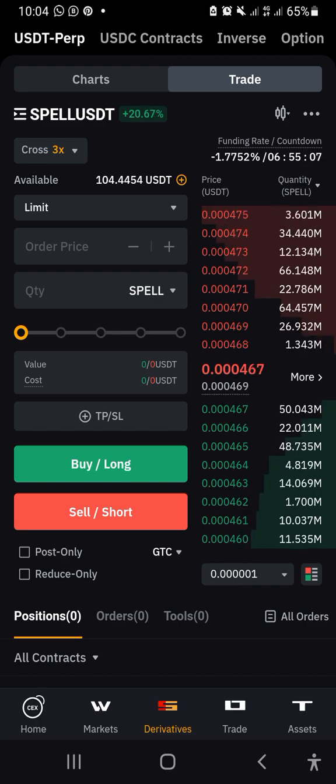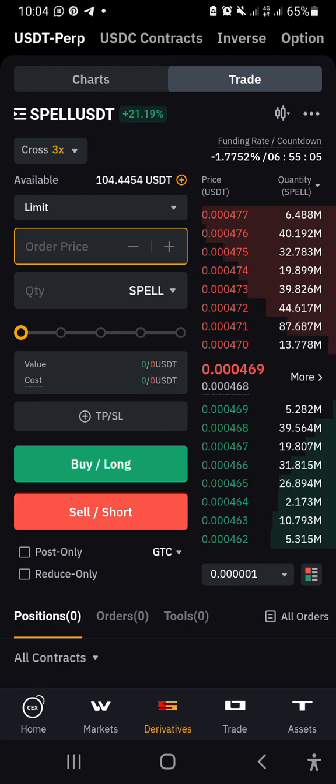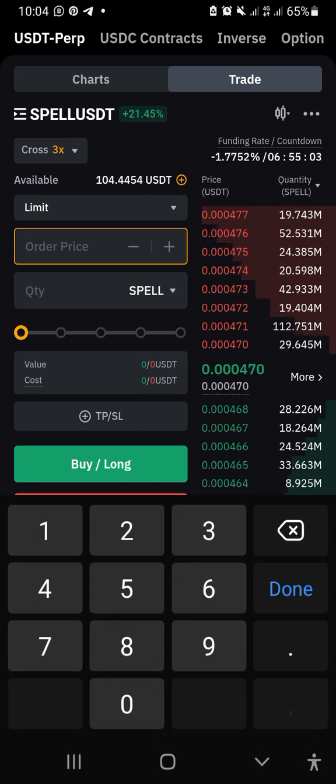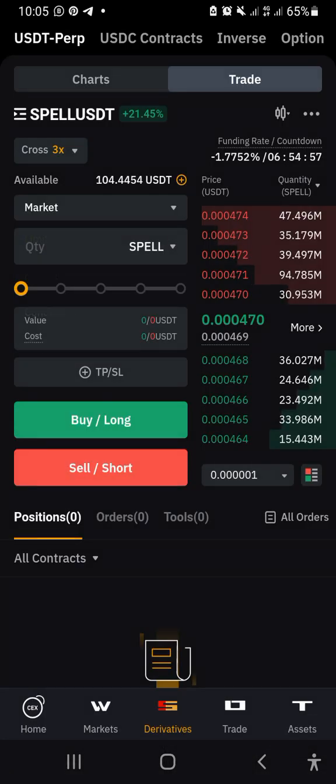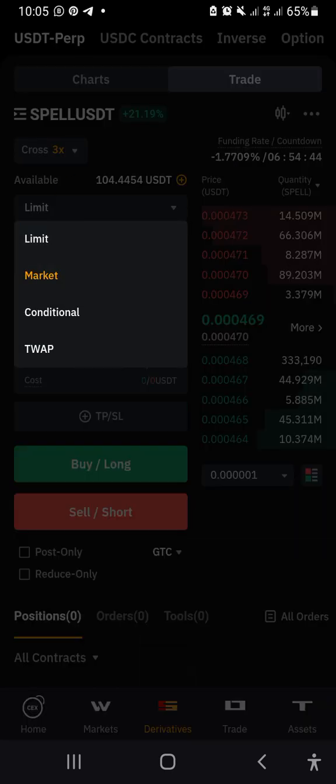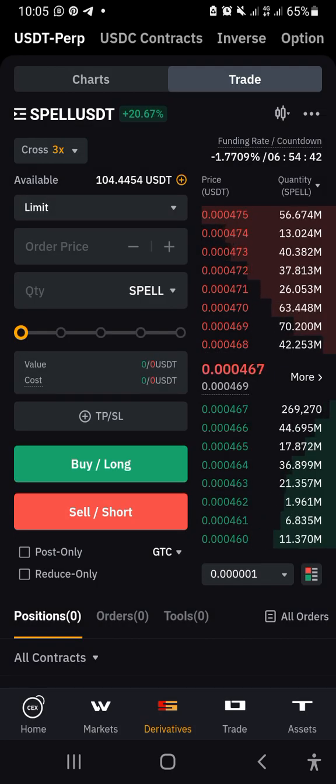So let me click on that. Now here it's asking me to type in my order price since I am using limit. If I use market price, it's going to pick whatever the current market price this coin is being traded at. But I am not using market, I'm using limit. So what limit will I set now?